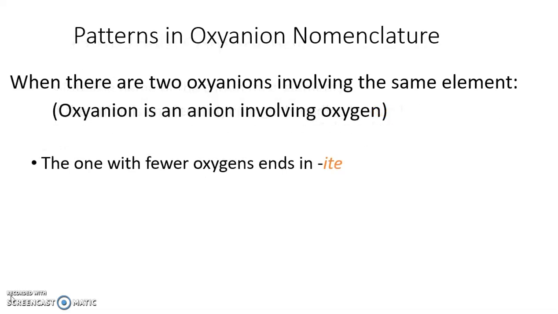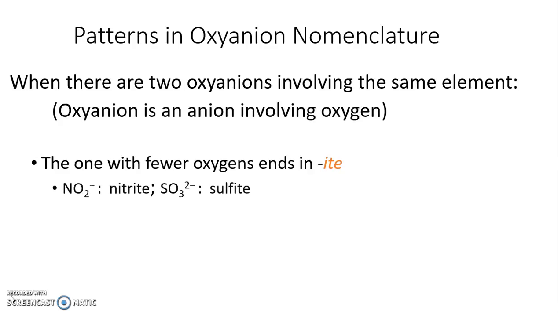All right, so you will need to know the names of the polyatomics, most of them, but there are some little tricks to help you remember them. So some patterns in oxyanion nomenclature, oxyanion being involving oxygen and having a negative charge.